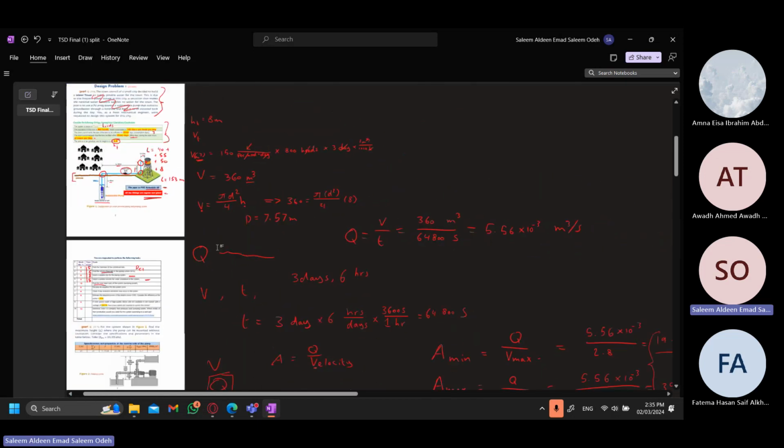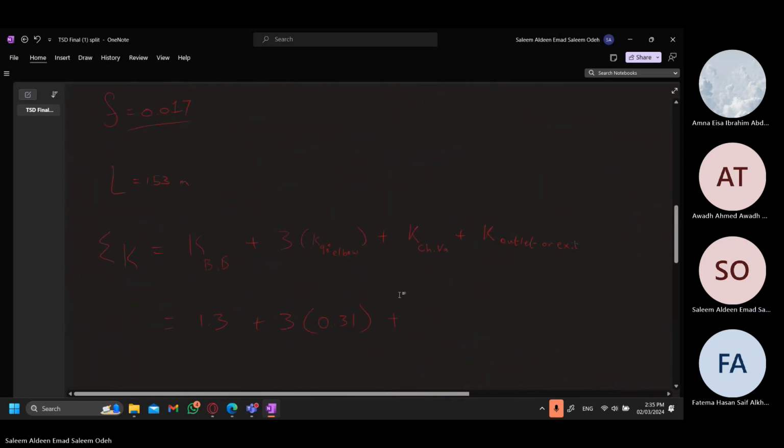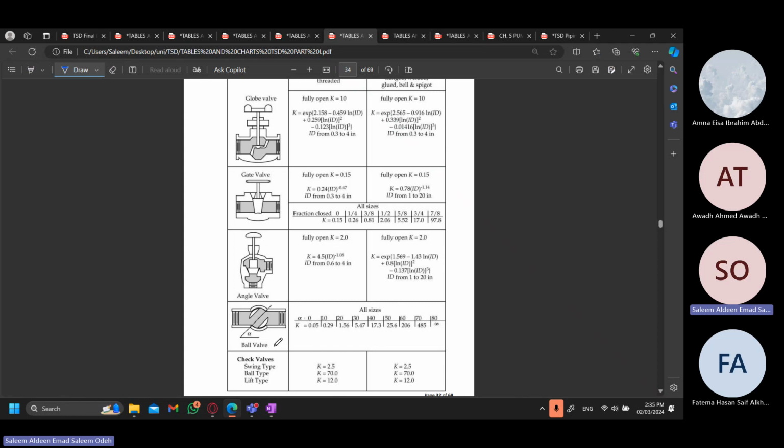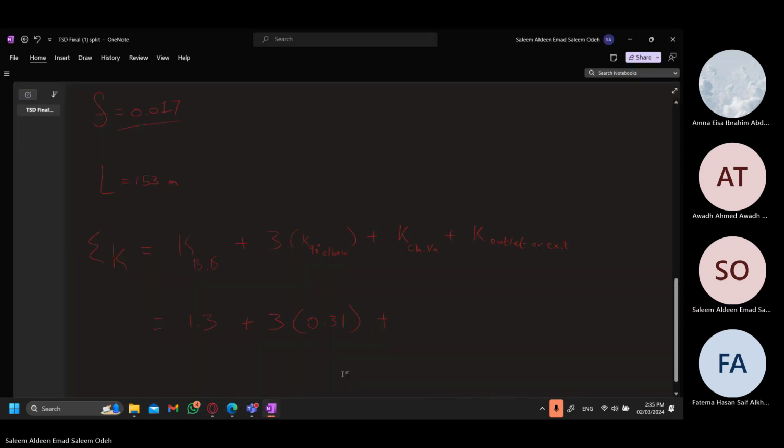In the question, they told us the check valve is ball, so we will use this one, which is 70, plus an outlet, which is always 1. The summation of loss coefficient ends up being 73.23. This value does not have any units.